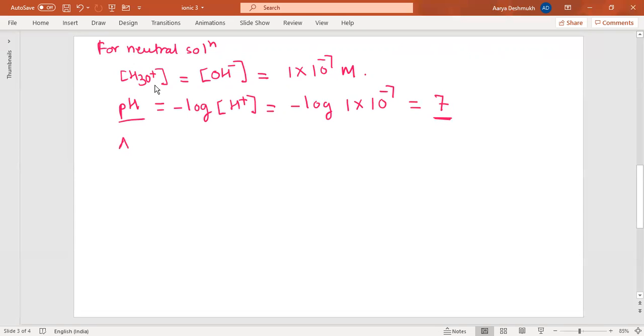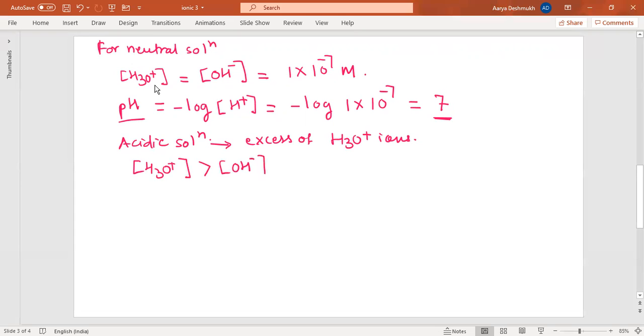Now for an acidic solution, there is excess of H3O plus. So here there is excess of protonium ion; the concentration of protonium ion is more here. So the concentration of H3O plus is greater than OH minus ion.